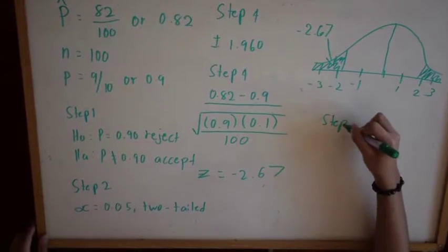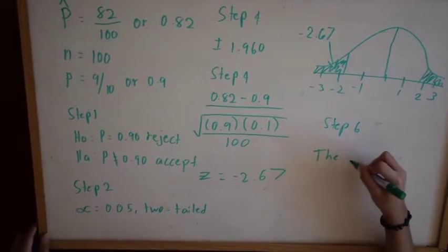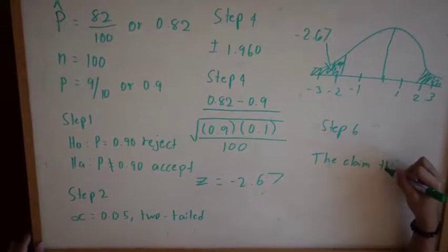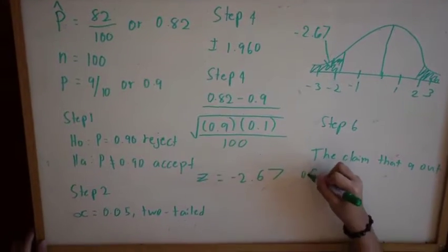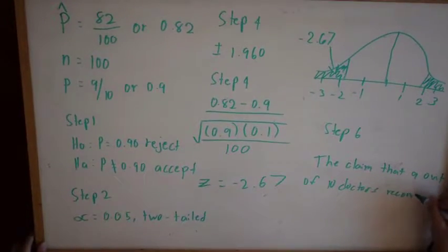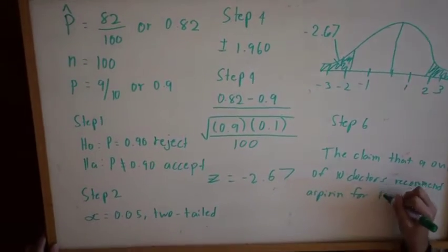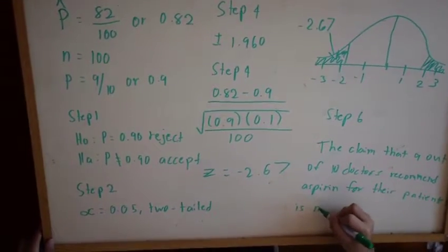So step 6 is that we conclude. Since our null hypothesis is rejected, therefore the claim that 9 out of 10 doctors recommend aspirin for their patients is not accurate. So that concludes this problem.